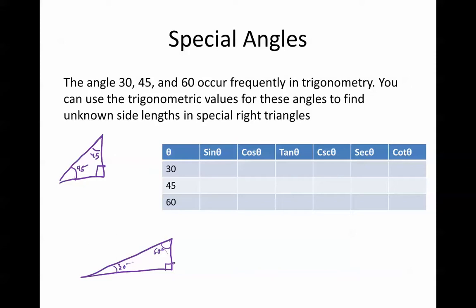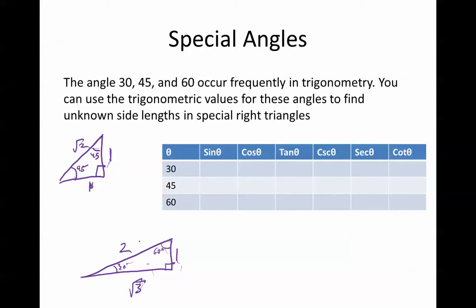But for now, we want to look at some of these side lengths. So we learned in geometry that these side lengths for our 45-45-90 are 1, 1, and root 2, and that for a 30-60-90, the short side is 1, the hypotenuse is 2, and the long side is the square root of 3.